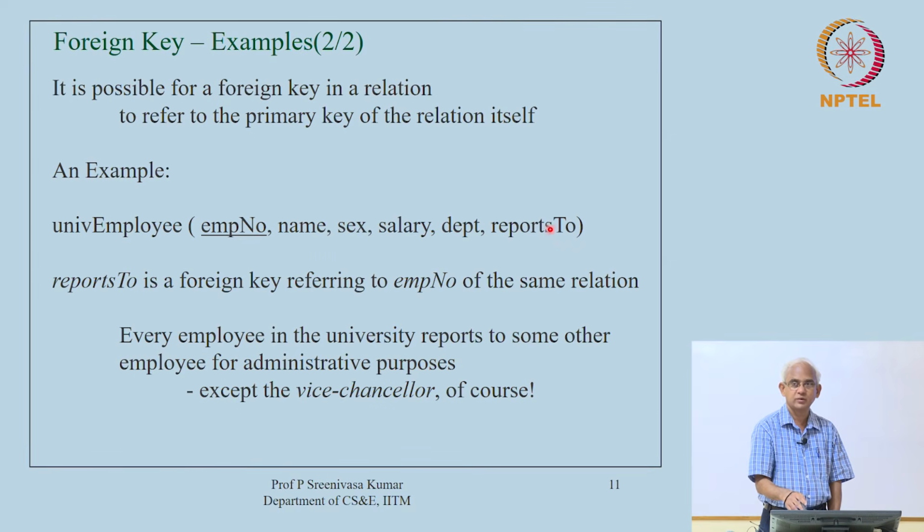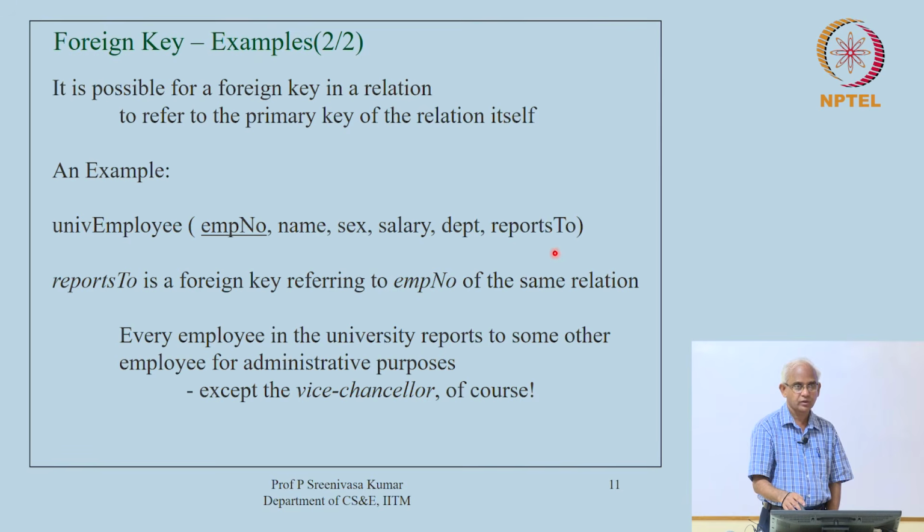Let us assume, just for the example's sake, that all employees are supposed to report to some other employee, except possibly the top person of the university, who is the vice chancellor. So, obviously in this case reports to should have values that are whatever is used for employee numbers. Let us say employee numbers are 6 digit numbers.